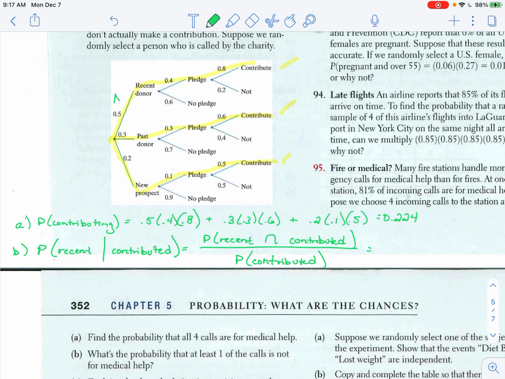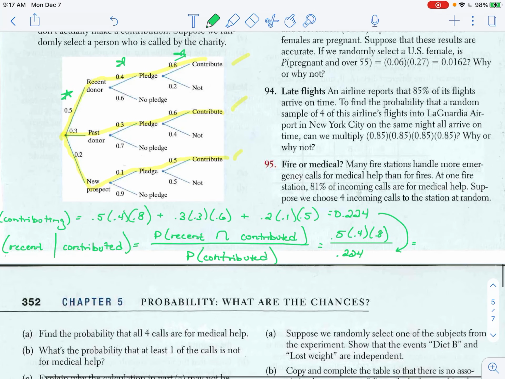A recent donor who contributed. That's the product of 0.5 times 0.4 times 0.8. Then we divide by the contributions, which we already found in part A, which means that conditional probability is 0.16 divided by 0.224, so it's 0.7143.